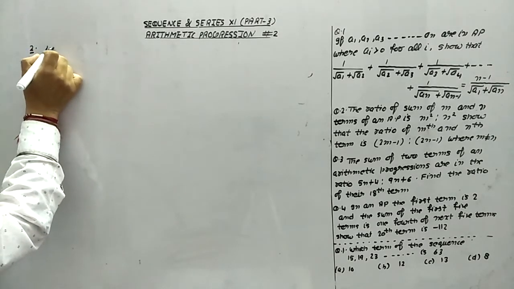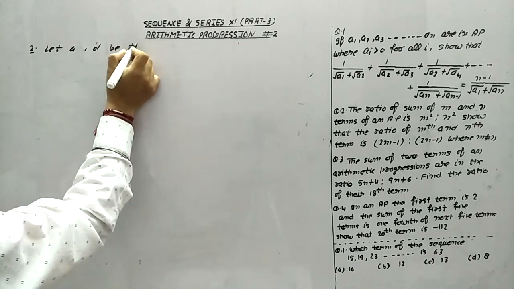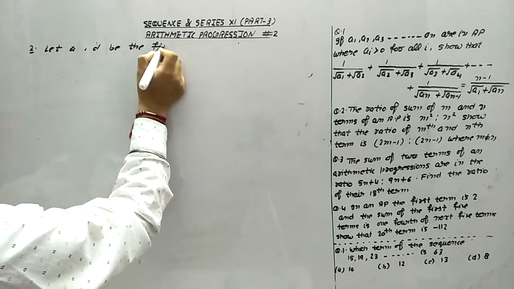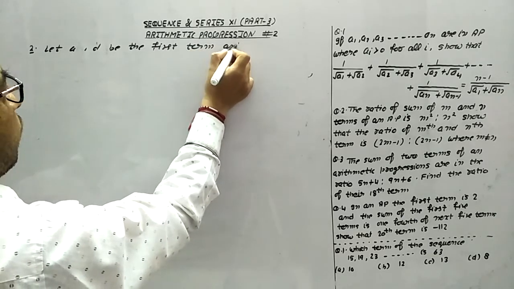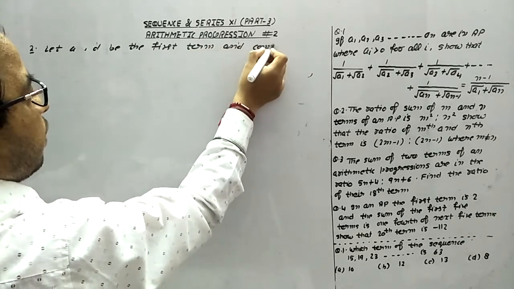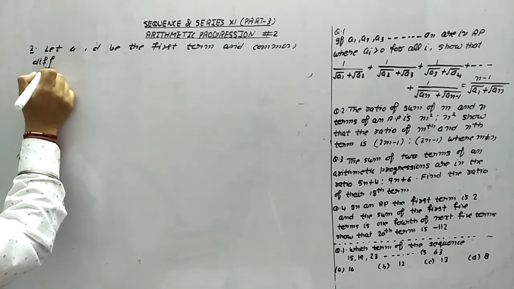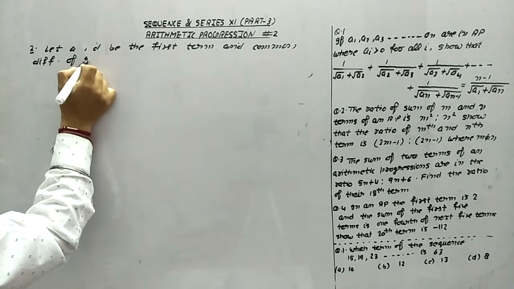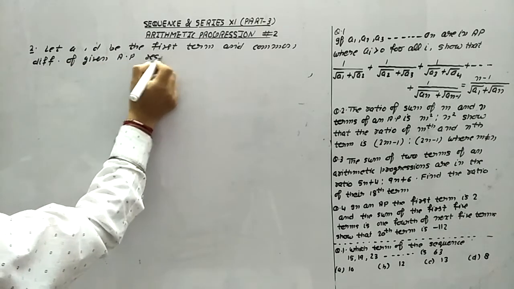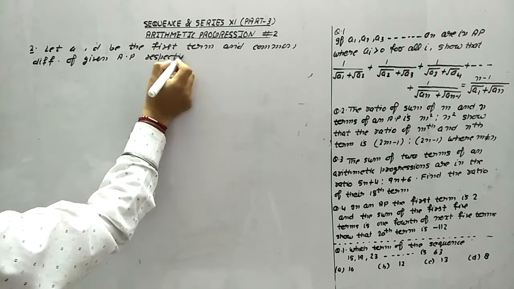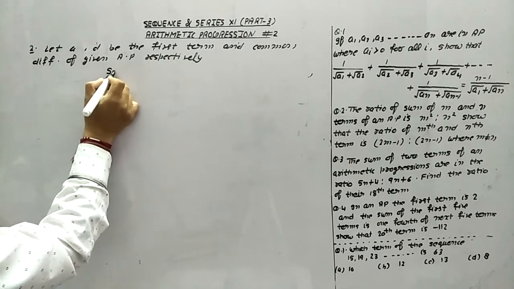So you will say let A and D be the first term and the common difference of the given AP respectively.